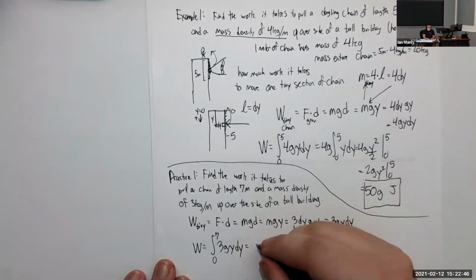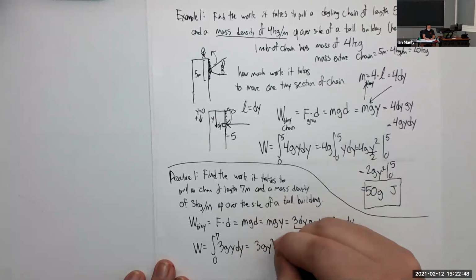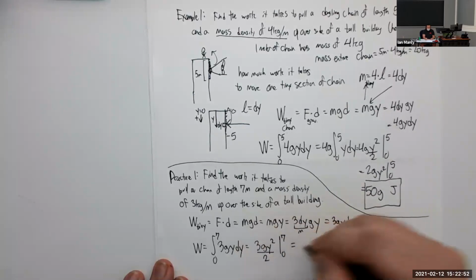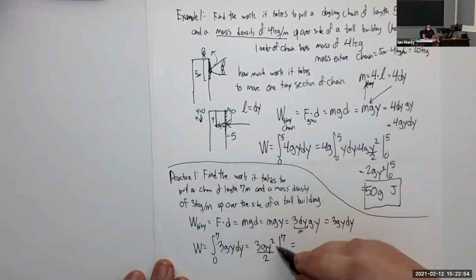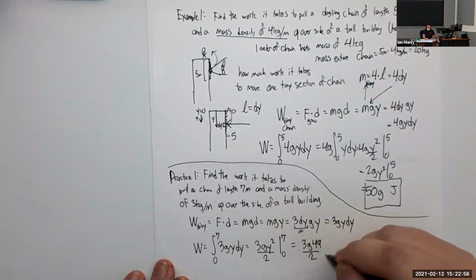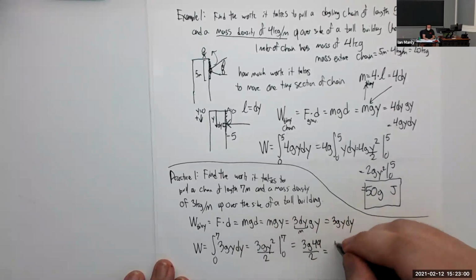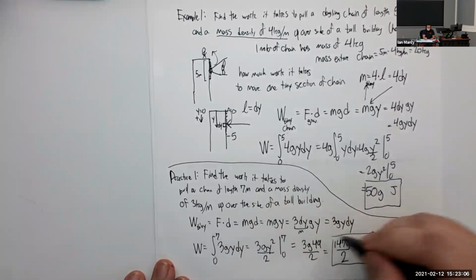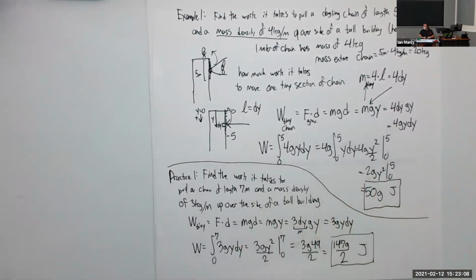We integrate y to be y squared divided by 2, from 0 to 7. I plug 7 in there, giving me 49. And 3 times 49 is 147. So we end up getting this somewhat bizarre number, 147 over 2 joules here.